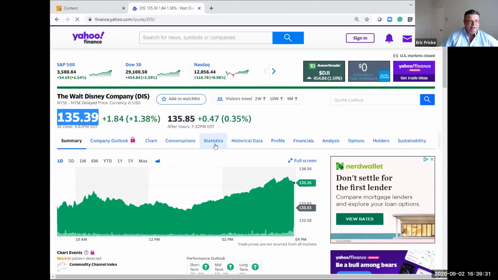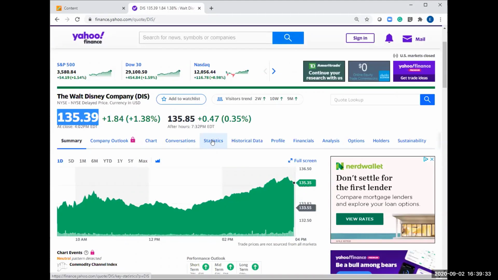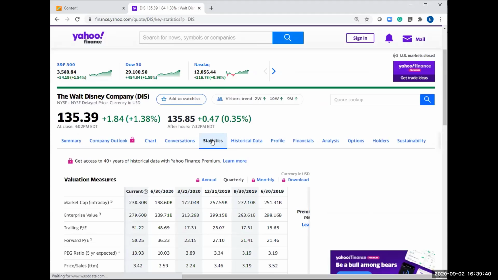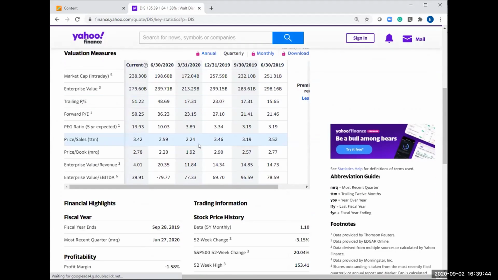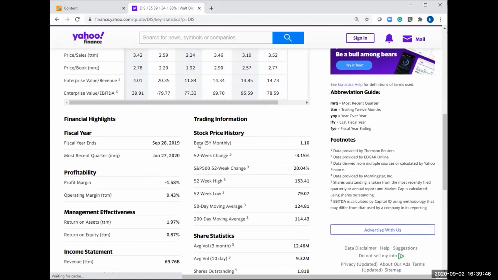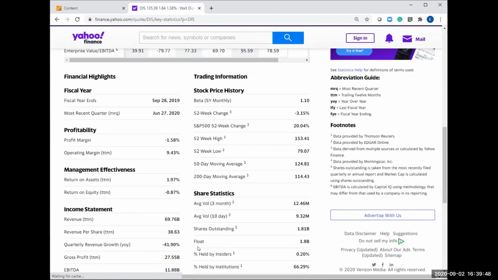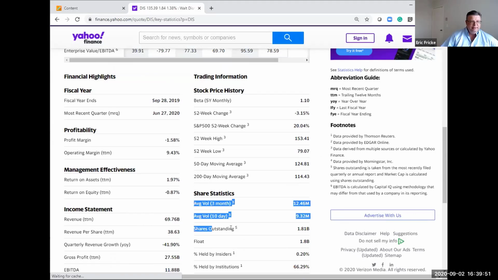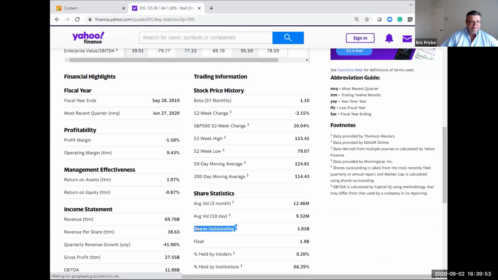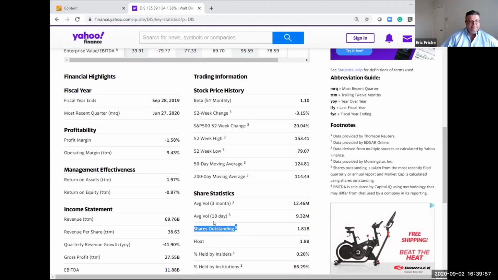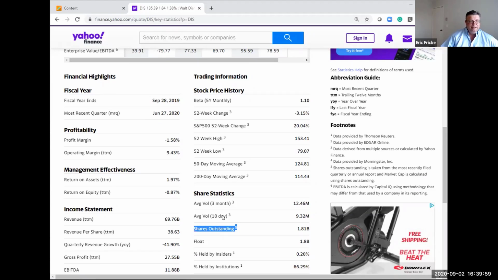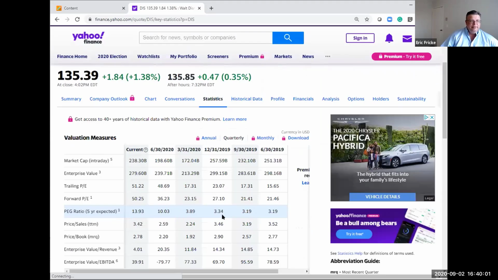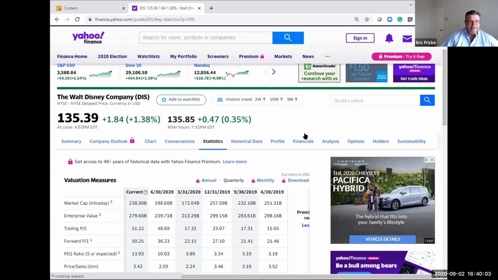If you go to this link right here, statistics, here's the shares outstanding. And the other things you need will be under financials right here.